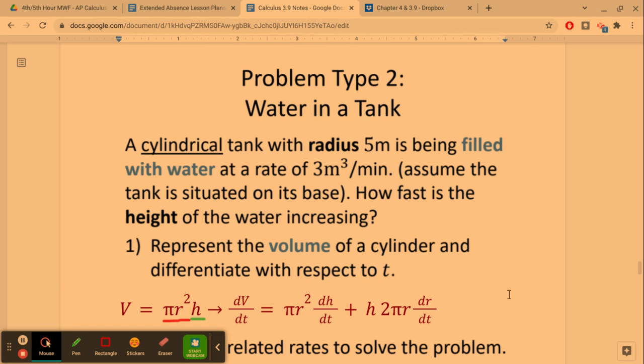That is going to get you. It's very tempting. It might happen. I'm not saying it's going to happen, but it might happen. You get to a problem like this, you say dV/dt is equal to 2 pi r dr/dt times dh/dt. That is convenient. It's also completely false. So that will not get you the right answer. You need to remember product rule.